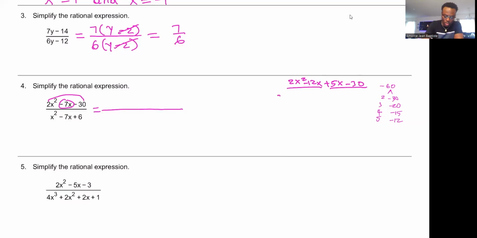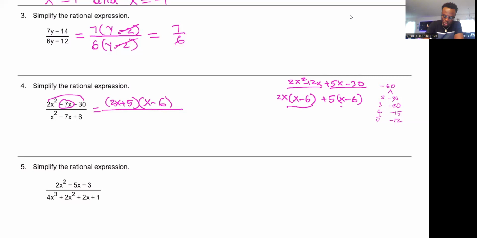The GCF is 2x, factor x minus 6. The GCF for the second group is 5. So x minus 6. So the factored form of the numerator of this is 2x plus 5 factor x minus 6.